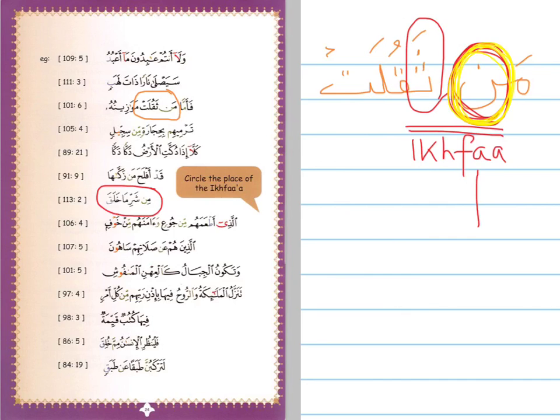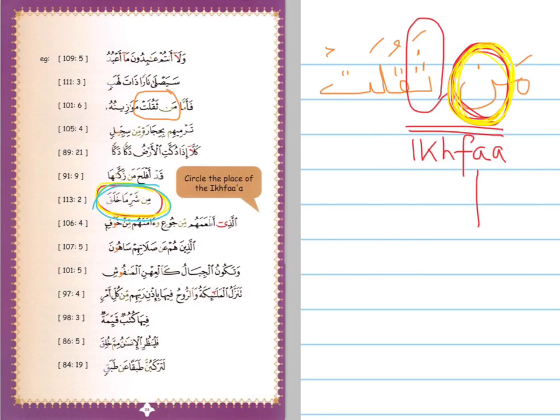Man tha. So your tongue is in the right place to say the next letter, but it's not quite saying it. In this example, min sharri ma khalaq. Min sharri, your tongue is almost in the right place to say the sheen.